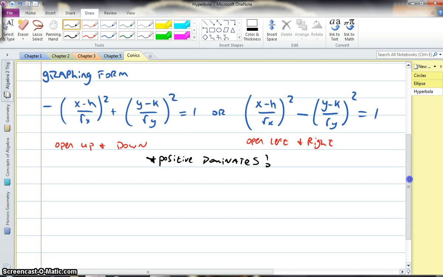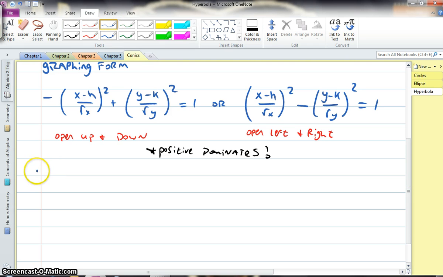Let's take a look at one of these. Example 1: negative 5x squared plus 20x plus 3y squared plus 6y equals negative 58. We need to complete the square and put it in graphing form just as we always do. My x's are grouped together and my y's are grouped together already.